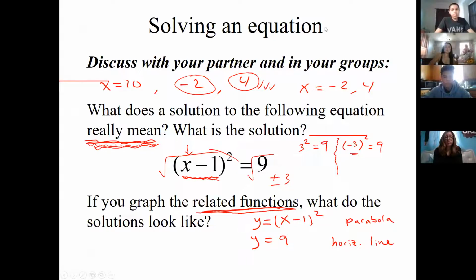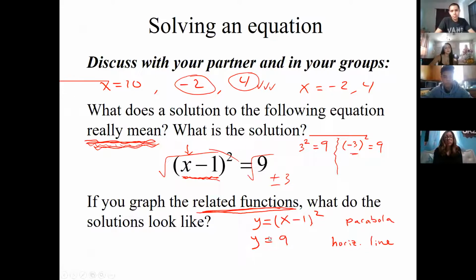So someone said earlier that the solution was where it crosses the x-axis. And you're kind of right, if this was equal to 0. So if we subtracted the 9, and we graphed y equals negative 9 and y equals 0, then it'd be where it intersects the x-axis.